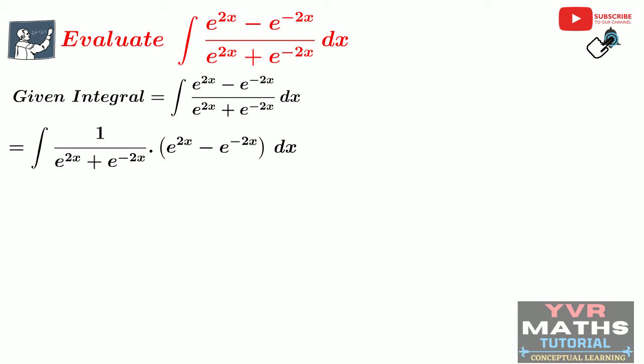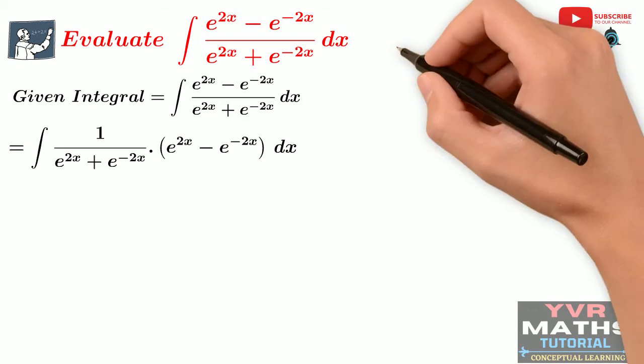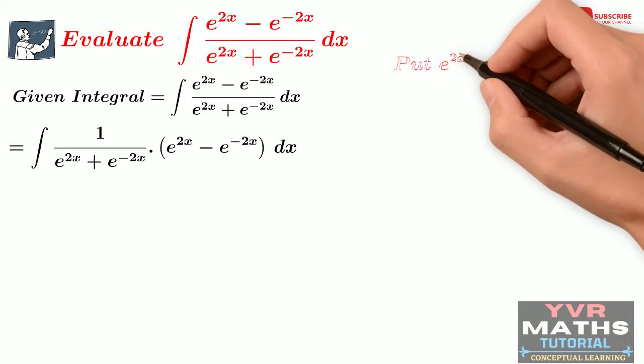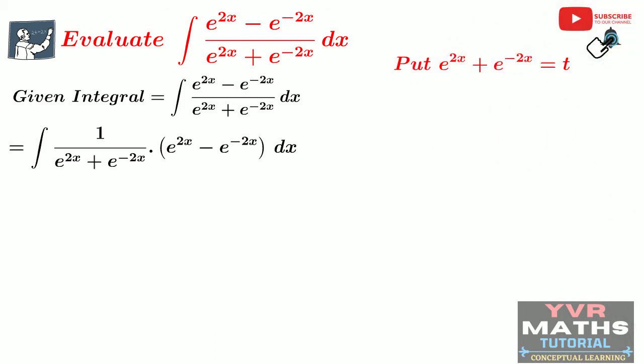If we observe the integrand, the derivative of the denominator part e power 2x plus e power minus 2x gives the term e power 2x minus e power minus 2x. That's why I am considering the denominator part e power 2x plus e power minus 2x as a new variable. So put e power 2x plus e power minus 2x is equal to t.